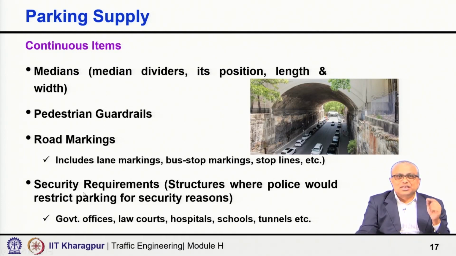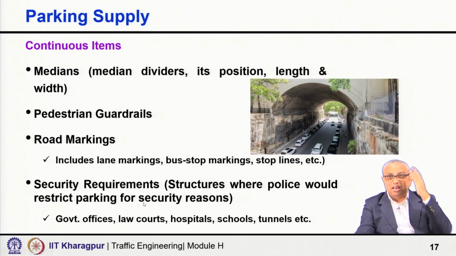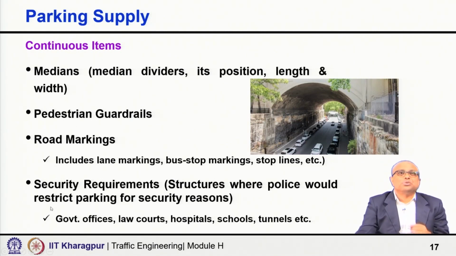Then security also could be longitudinal, so continuous also it could be. Security requirements: in many cases an existing regulation is there, or there is a police post, and for security reasons nobody will allow parking near the police post.